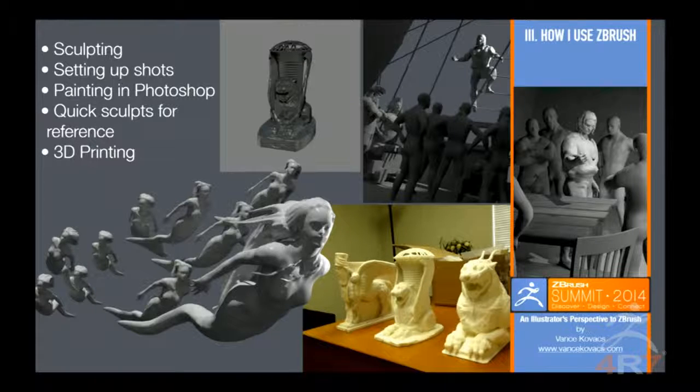I'll also use it just for quick references for myself, like a piece of Sculpey like I was talking about. I'll sculpt out a quick head, put a light on it, and okay. So much of my time as an artist I'm spending looking for reference. I might do a little scribble, get a pose of a character. Might be that he's holding some axe, going in at a dragon, and it's not like I can get a dragon or call up my models and say, can you come over today so I can photograph you?